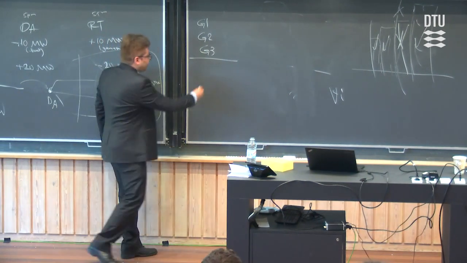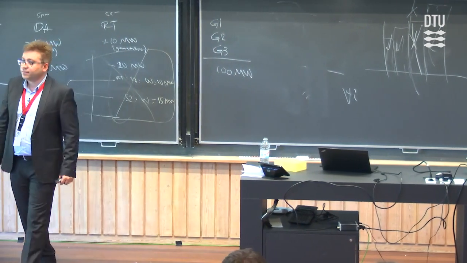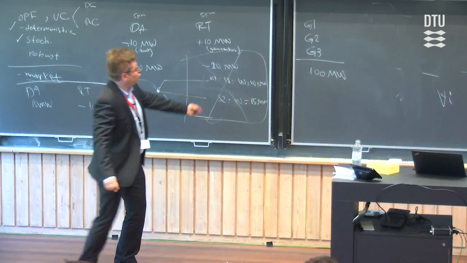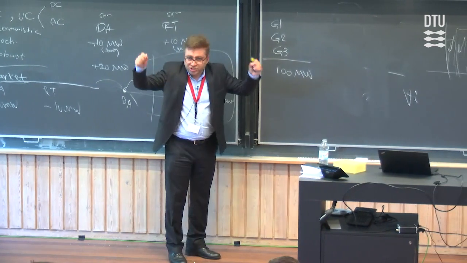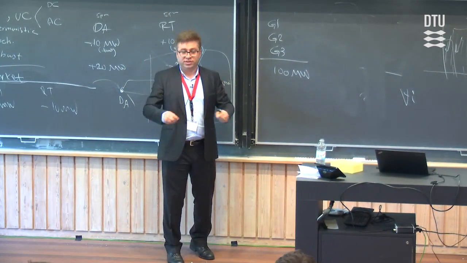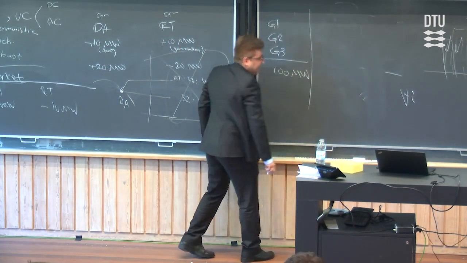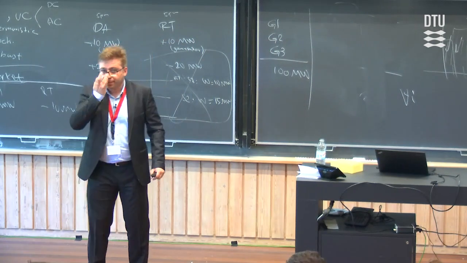They offer to the market to meet a load of 100 megawatt. Here G1, G2, G3 all participate in the market and offer. None of them is a self-scheduler, none of them is a stochastic decision maker. But this is what is happening in CAISO, in California.